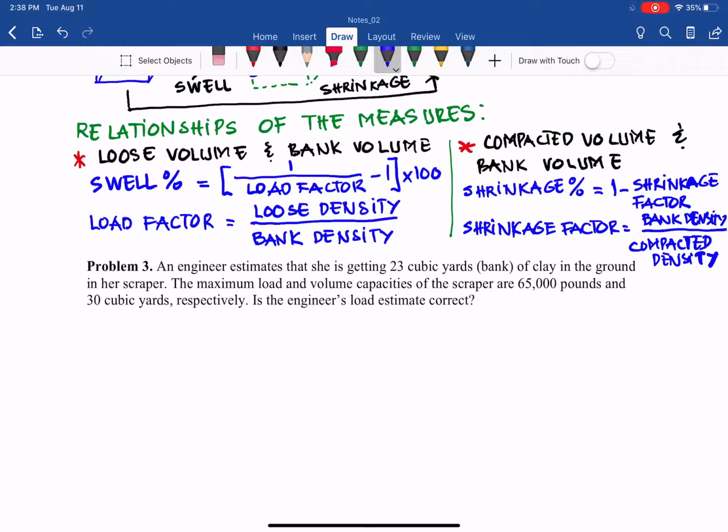With social distancing, the capacity goes down. It is also the load, how many pounds, so you can see two dimensions. Same for the scraper: the weight limit, 65,000 pounds, and the volume limit, 30 cubic yards. And that should be loose cubic yards because it is already disturbed and put in the scraper.